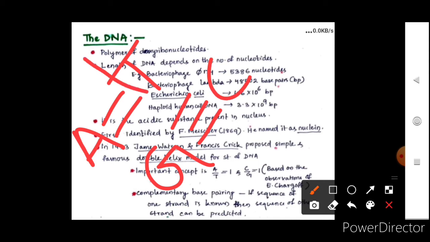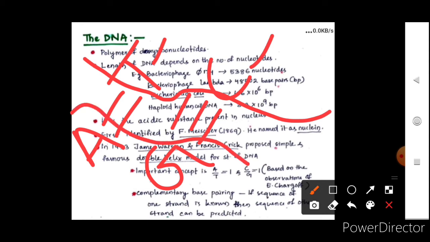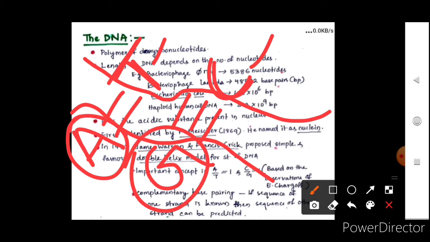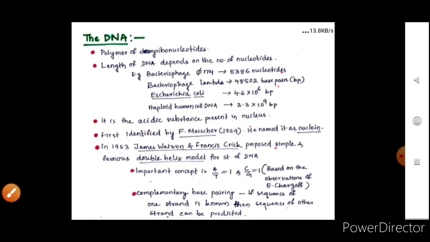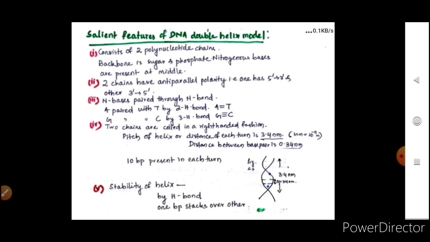So if this is the one strand, this contains thymine, cytosine, and this is the other strand. If we know that this strand is having thymine and cytosine, we know that the other strand will be having adenine and guanine. Okay, so the last point says that complementary base pairing means if the sequence of one strand is known, the sequence of the other strand can be predicted.